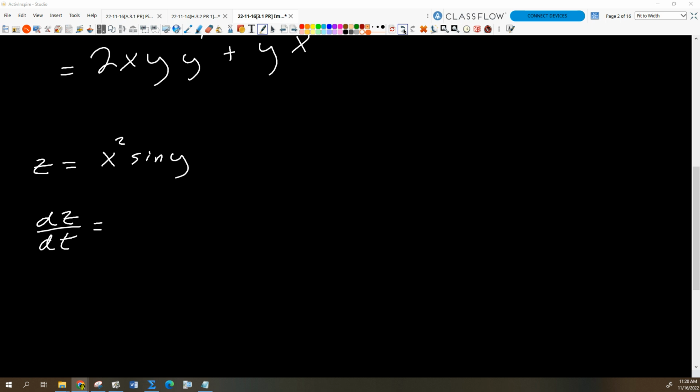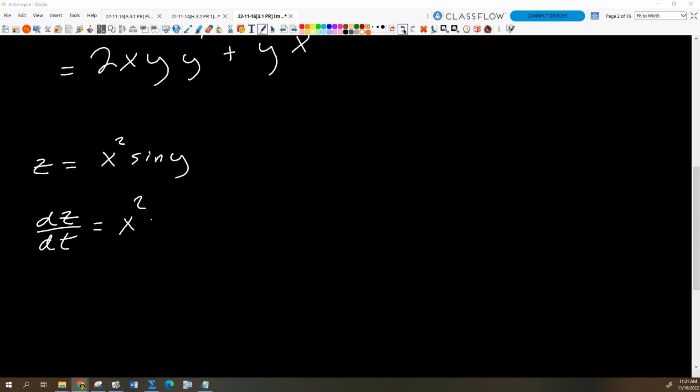Okay, Pagan, help me out. What rule am I going to apply first here? It's product, yeah, because I've got an x squared times a sine y, right? Okay, so product rule. You do the first half. x squared times the derivative of the other part, right? What's the derivative of sine y? Cosine y, right?